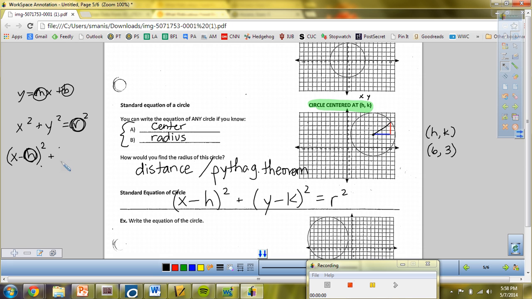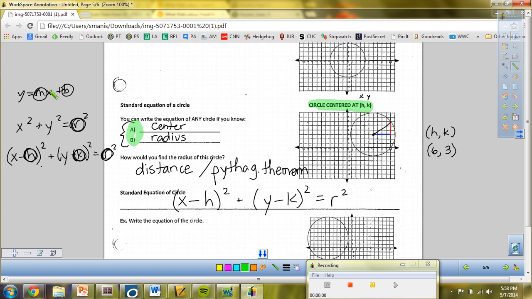And then my y minus k squared, that k needs to get plugged in, equal to my radius squared. My radius needs to get plugged in. So those key points, the radius and the center in our equation, are just like the slope and the y-intercept. Those are the things that need to get plugged in.